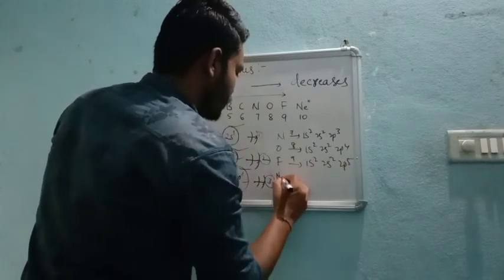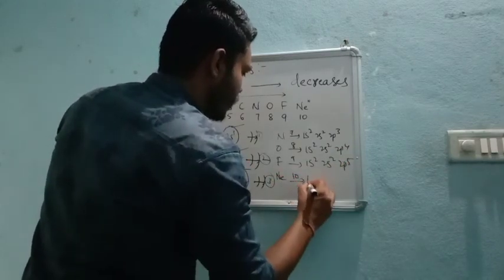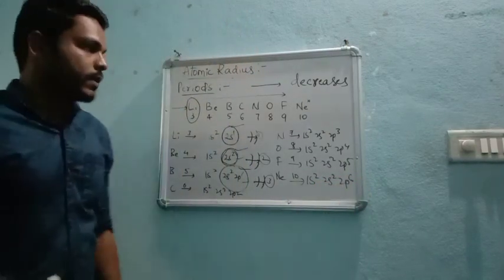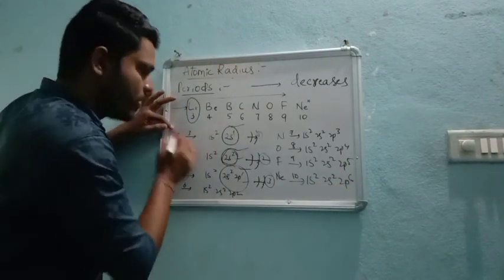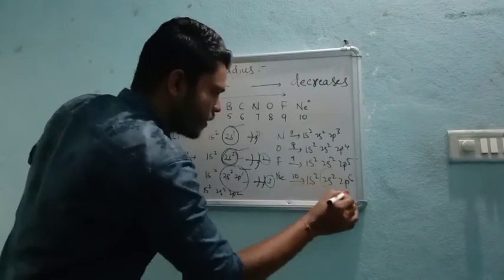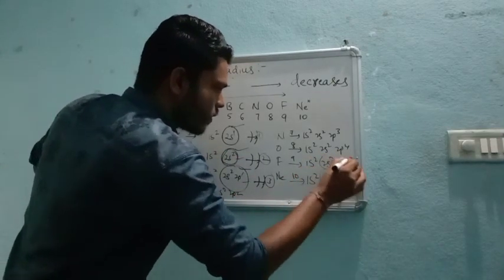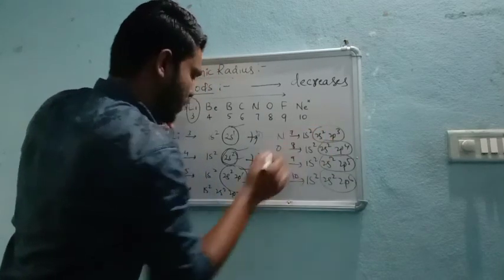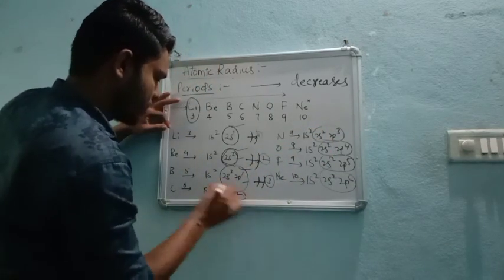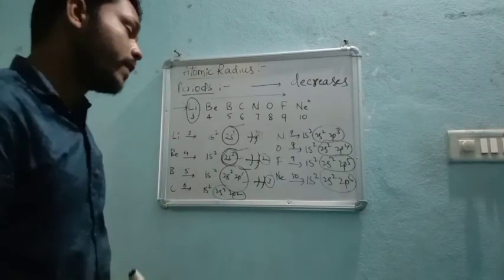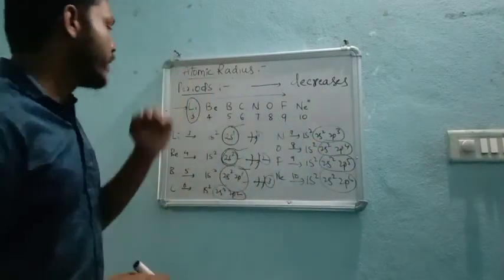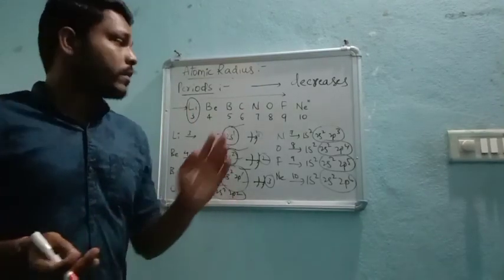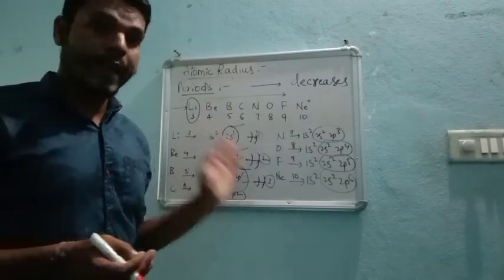And finally neon 10: 1s2, 2s2, 2p6. See, from lithium to neon, the last shell is the same, the second shell. So if you take any period of the periodic table, the same character we can see.